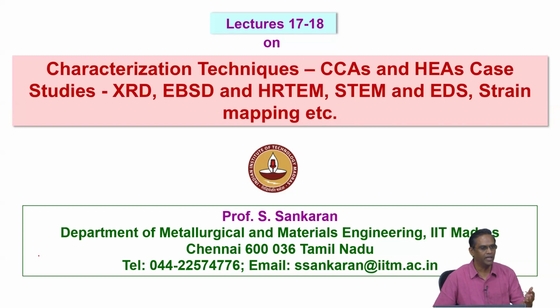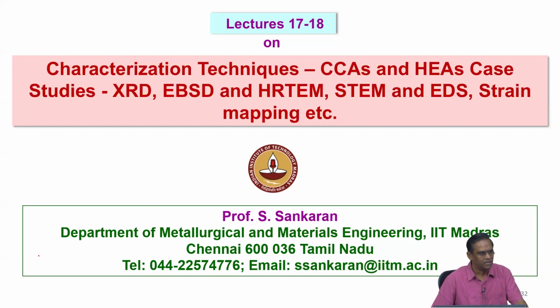That is where we need techniques like neutron scattering or synchrotron diffraction, neutron diffraction techniques, where all these elements will have a very sensitive diffraction response. Then you will be able to distinguish between all these 3D transition elements, though they are closely related in atomic number. They have a very close atomic number range. So that is about the diffraction part.